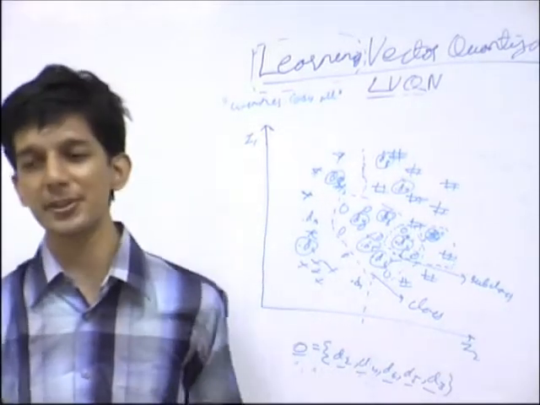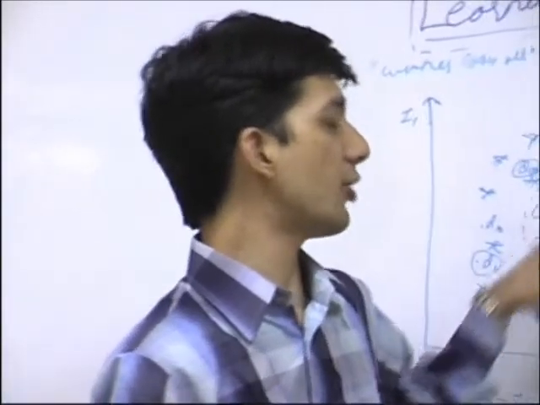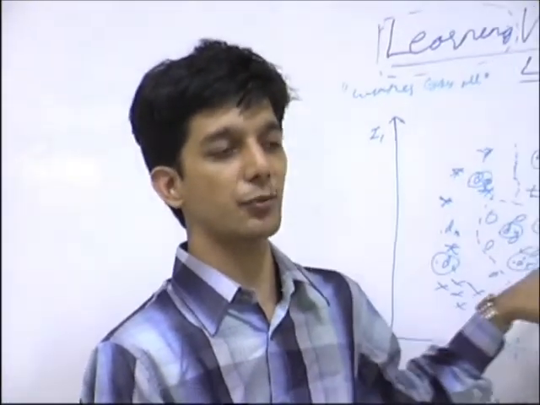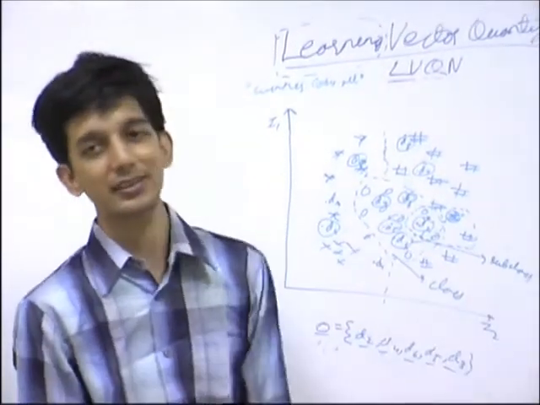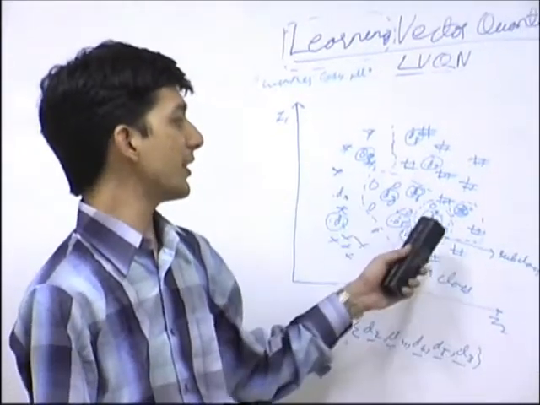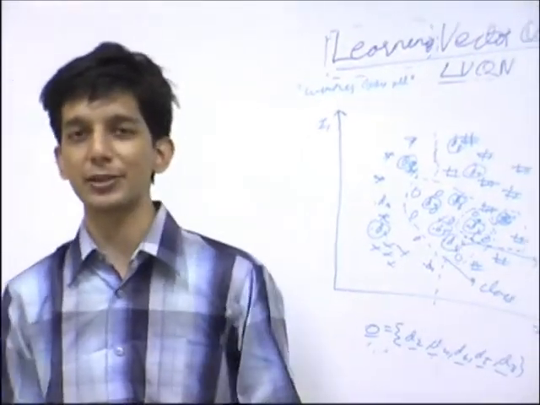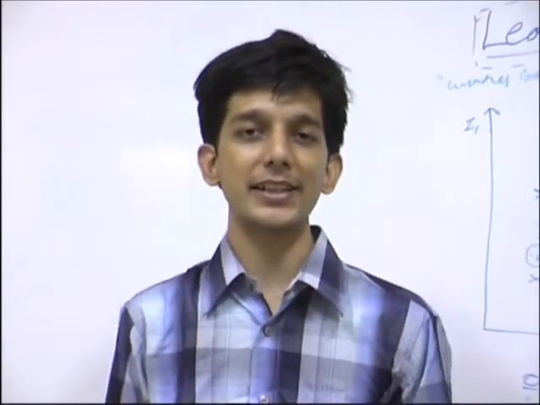So the basic methodology: the entire region in the input space, as per any configuration of the learning vector quantization network, or as per any configuration of the data centers over here, wherever a neuron d wins, is known as a subclass.